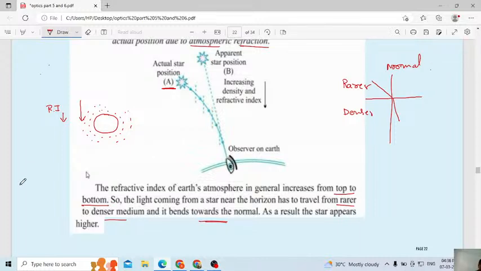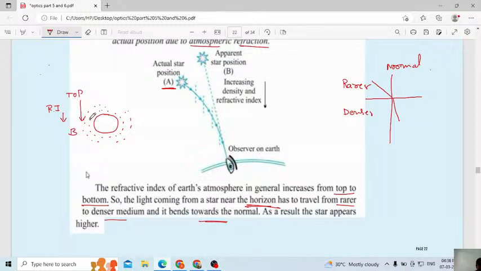Here two important things you have to remember. Why? When you see the star at the point of origin, the star appears a little raised up. What is the reason? In the earth's atmosphere, the refractive index rises as we move from top to bottom.